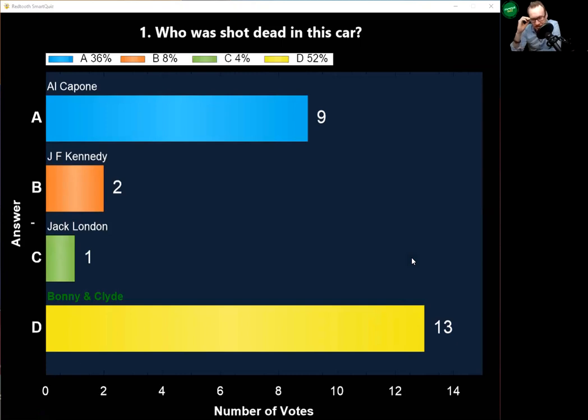He made his fortune with criminal activities until he was 33, and at 34 he was given a life sentence. I didn't check further where he died, but this picture is definitely Bonnie and Clyde, and 13 of you know the correct answer. Perfect.